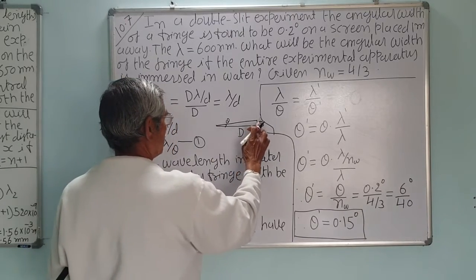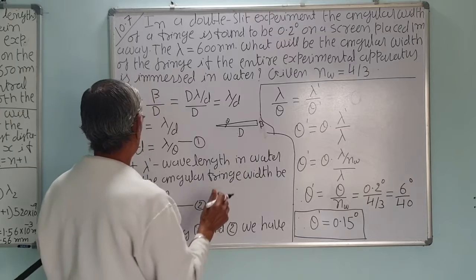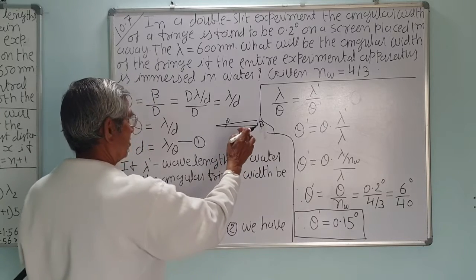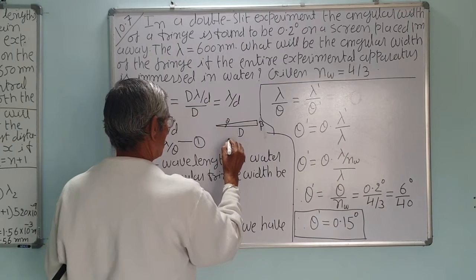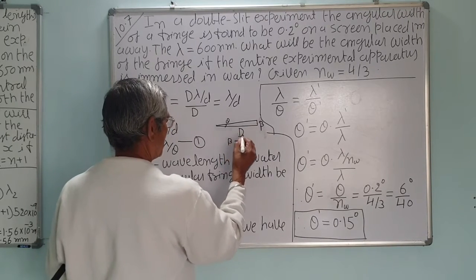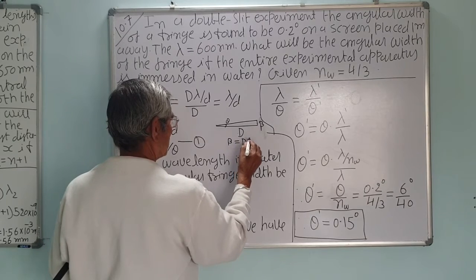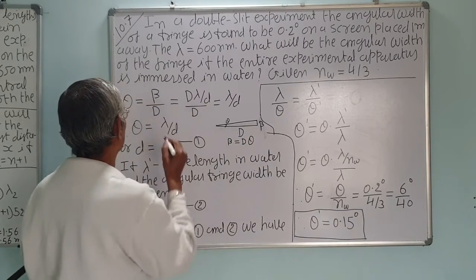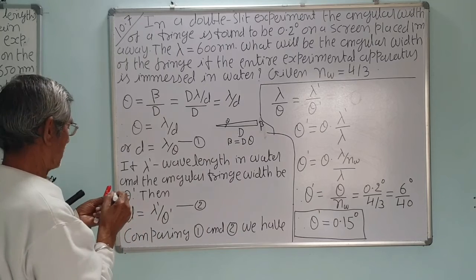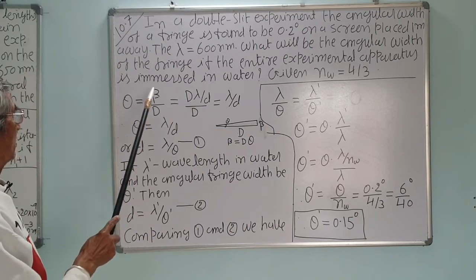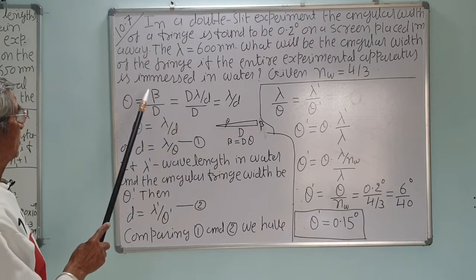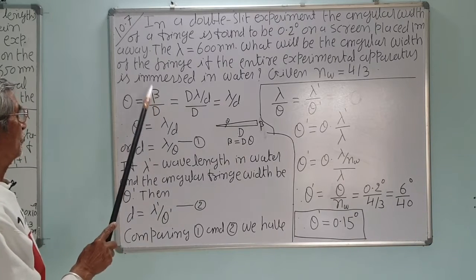So arc is equal to D theta. This arc is the fringe width. So beta is equal to r theta, and this r is D, so beta is D theta. From this you can get theta is equal to beta by D, or D theta is equal to beta.